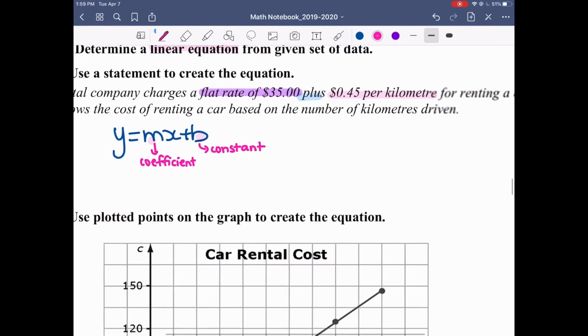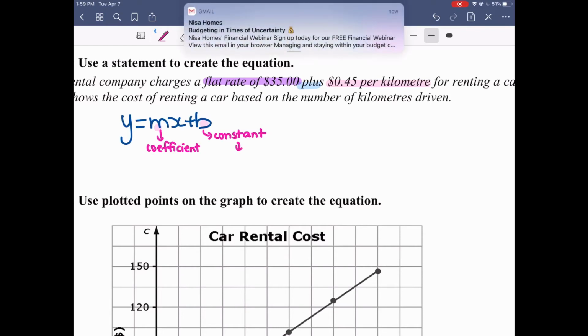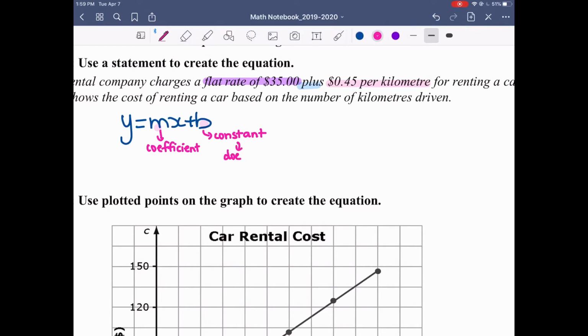So we're going to go to our sentence and we're going to figure out which one of these things is the constant, which means it doesn't change, or in other words, it's not affected. And this one is dependent, okay, it's dependent on something else.